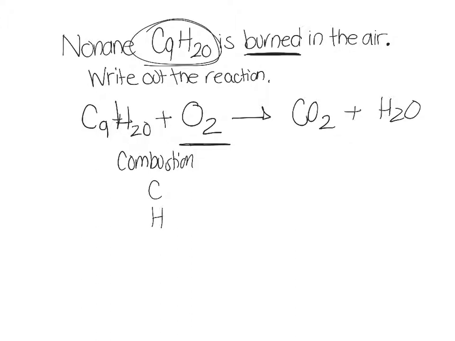If you need to pause the video here, I want you to do that, and I want you to figure out how many carbons and hydrogens and oxygens you have on each side of the equation. So over here I have 9 carbons.